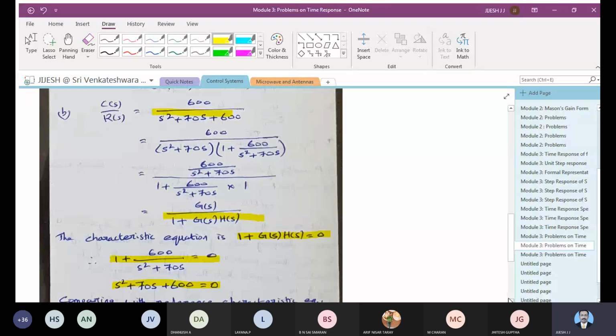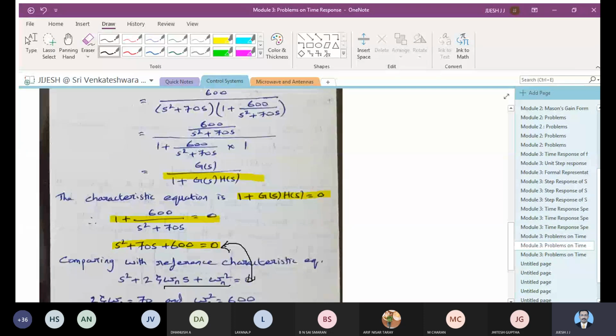You need to compare it with this equation. So you need to compare this equation and this equation together, and make sure what is 2 zeta omega n and omega n square.